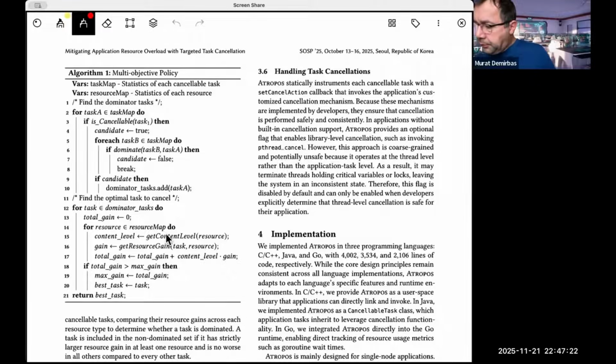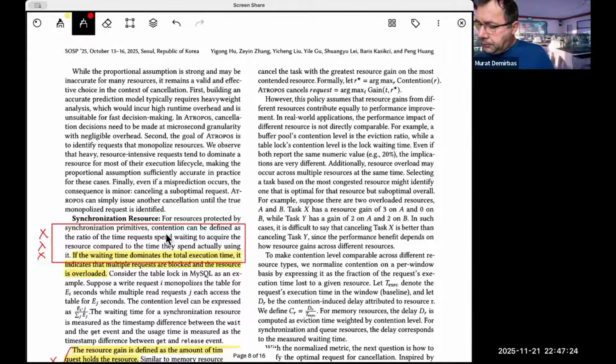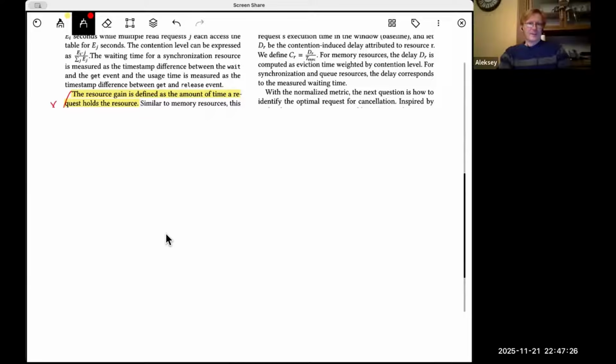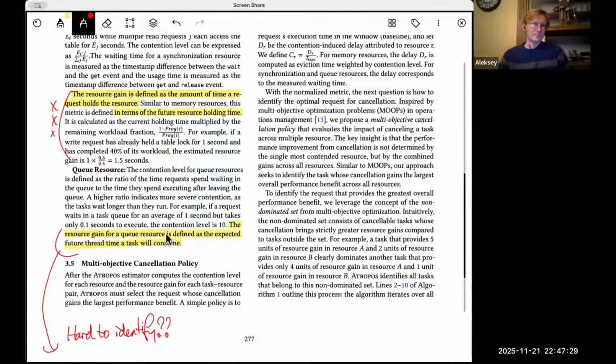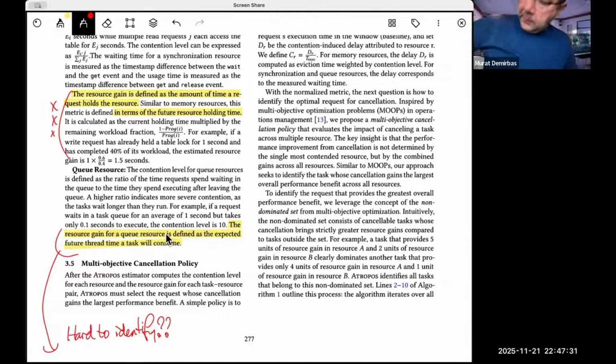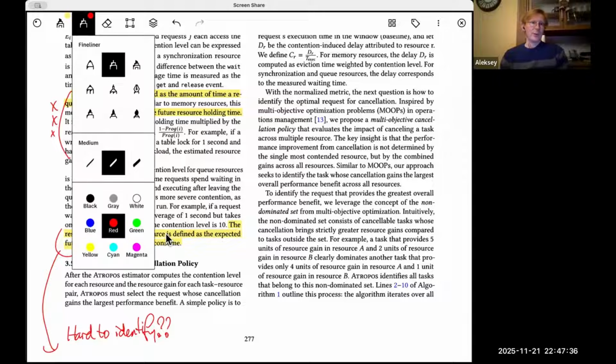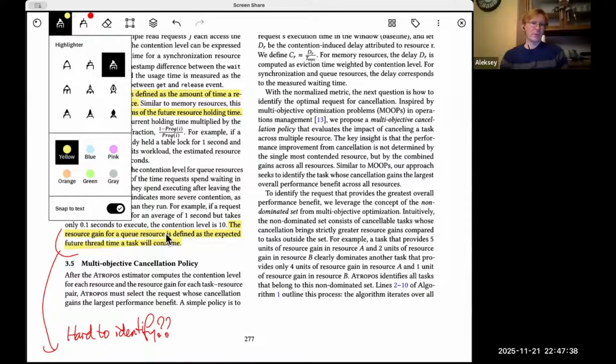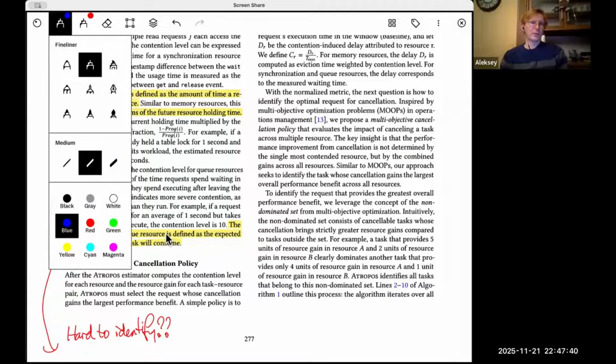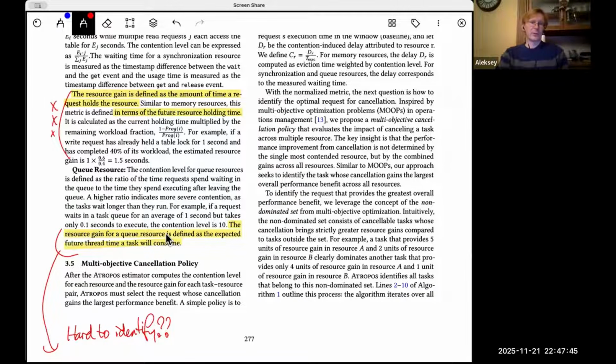Okay, maybe let's read a bit about this. After the Atropos estimator computes the contention level for each resource and the resource gain for each task-resource pair, Atropos must select the request whose cancellation gains the largest performance benefit. A simple policy is to cancel the task with the greatest resource gain on the most contended resource.